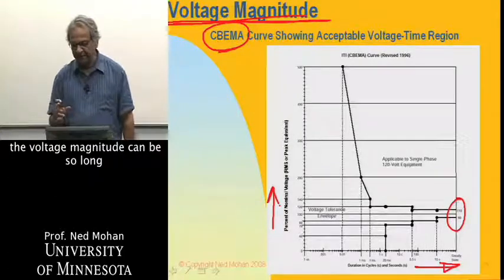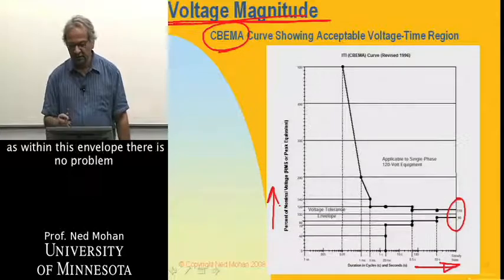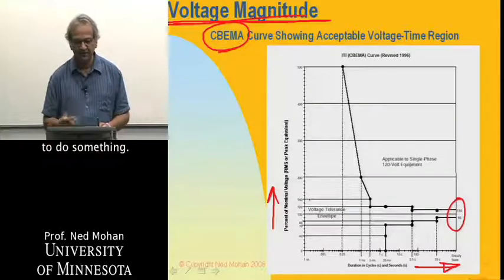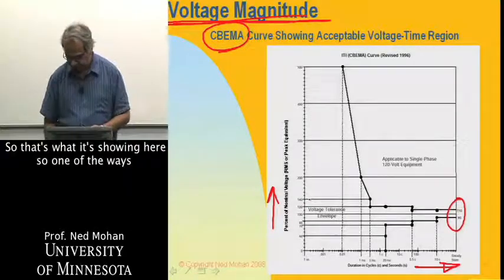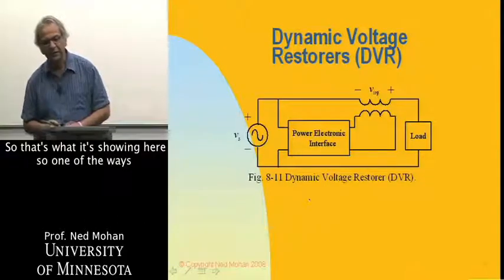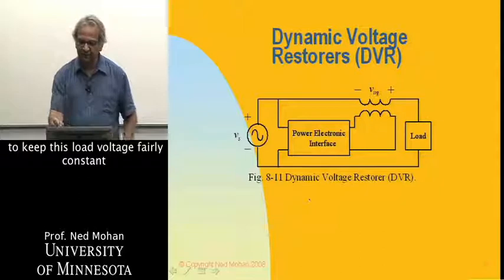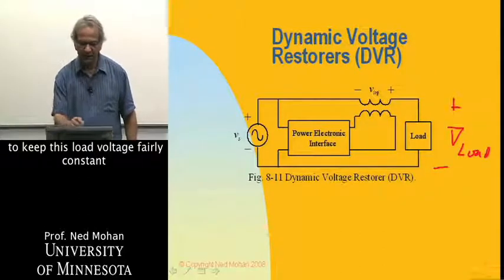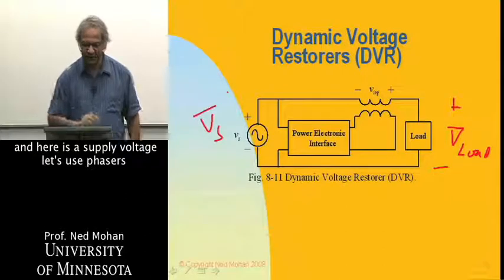The voltage magnitude can be anything so long as it is within this envelope, there is no problem. But if it's outside this envelope, then we have to do something. Okay, so that's what it's showing here. So one of the ways to keep this load voltage fairly constant, and here is the supply voltage. Let's use phasors over here.